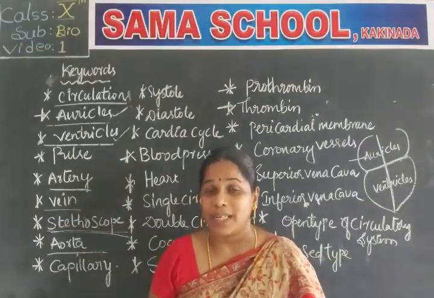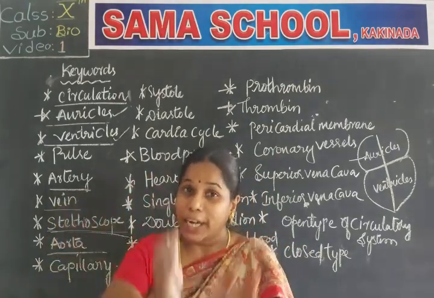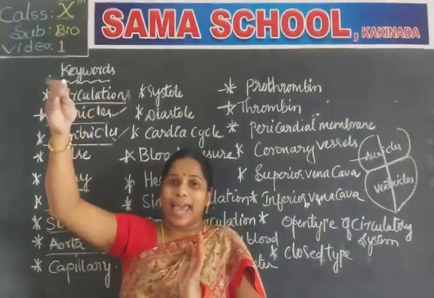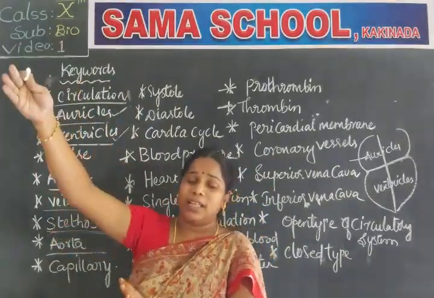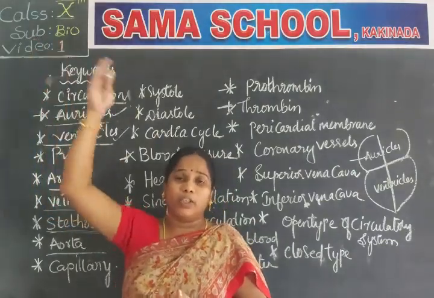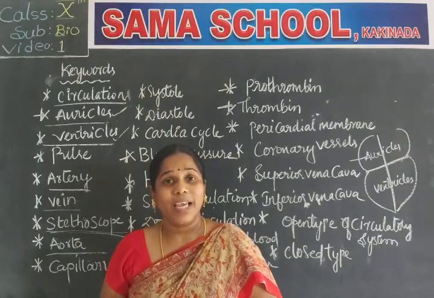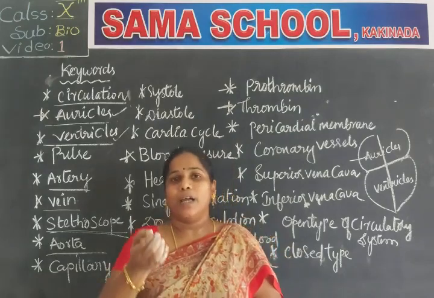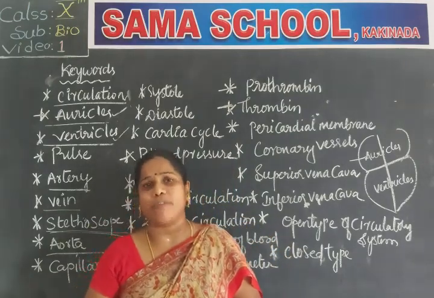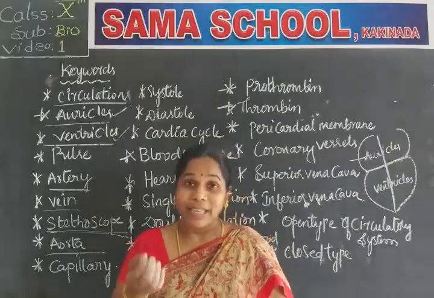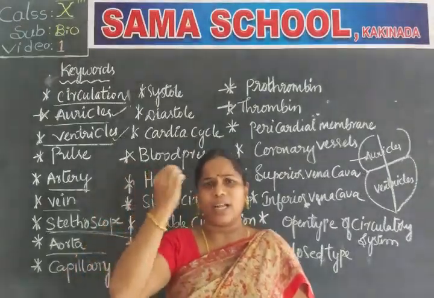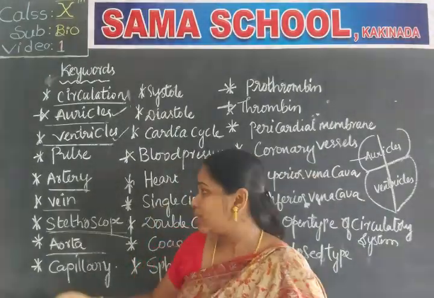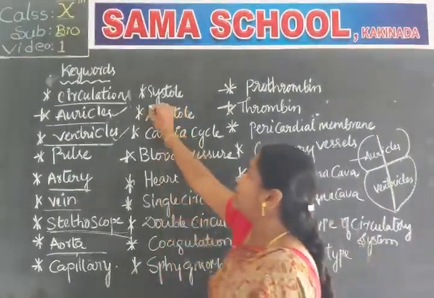These capillaries join continuously into venules, and venules to the veins, and veins go to the superior and inferior vena cava. So the capillaries are the fine blood vessels, the completely fine divisions of arterioles. Just like a hair, you can see the diameter of a hair, the capillaries have very little thickness.